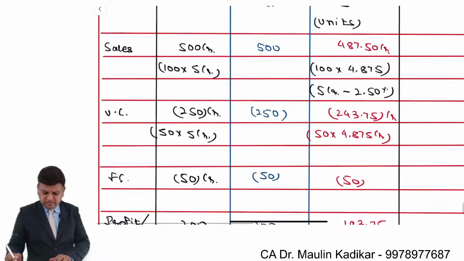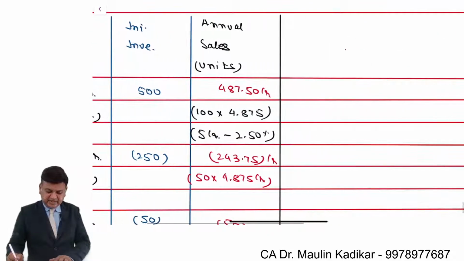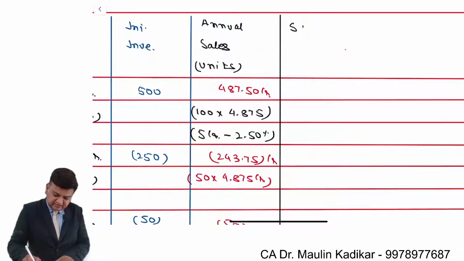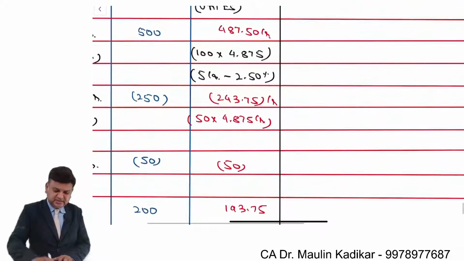Next, after sales units, we have been provided with the selling price per unit. So we understand that it is 100 minus 2.5%.